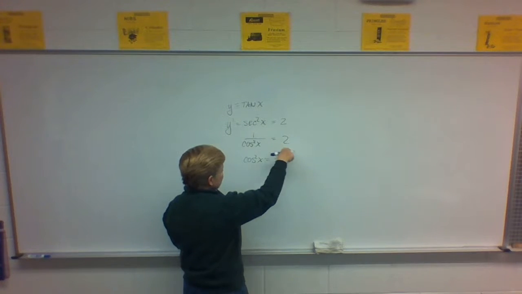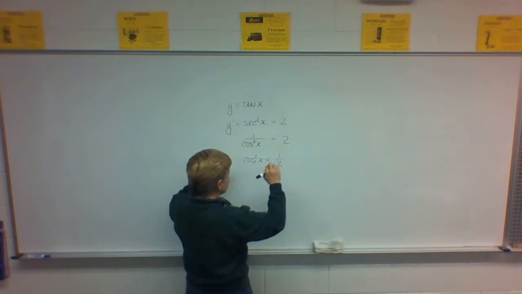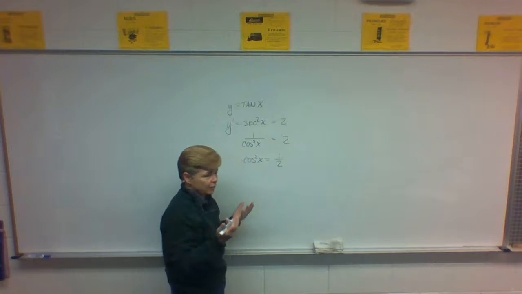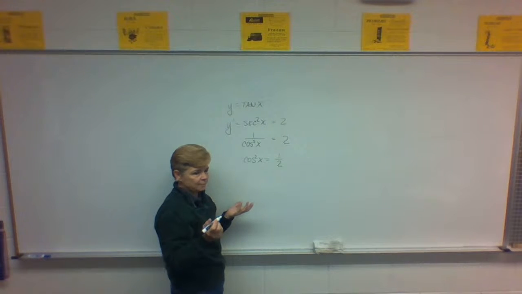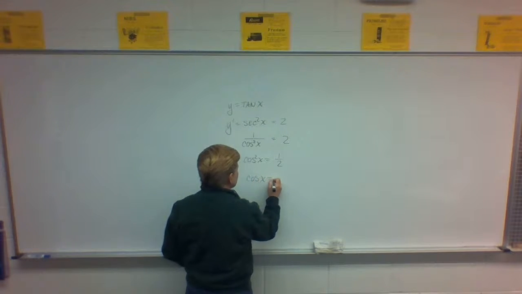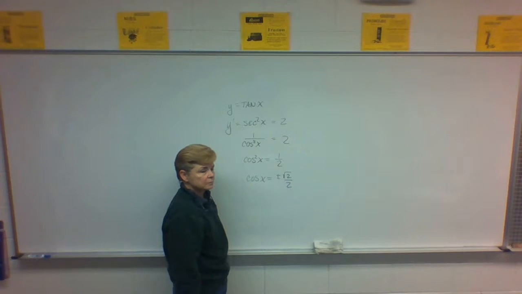Because that would be 1 equals 2 cosine squared, and then you would divide by 2 and get cosine squared equals 1/2. Or you could turn them both over and get 1/2. Either way you think about it, that's what we're asking, right? Which means what we're really asking is, when is the cosine of x equal to plus or minus the square root of 2 over 2? Do you all see that or not?